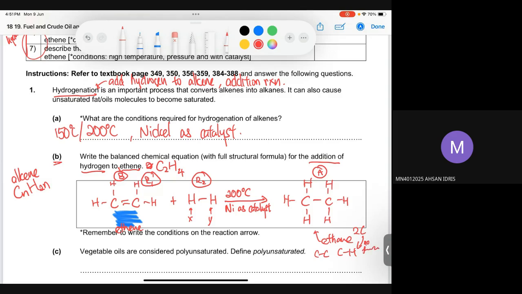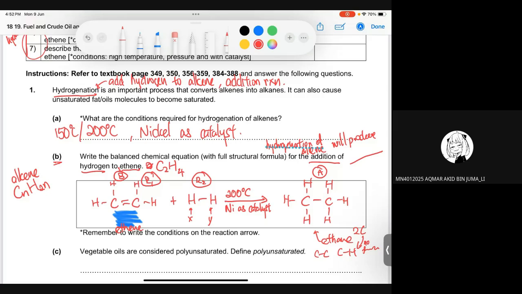So be able to relate to this. When you hydrogenate alkene, hydrogenation of alkene will produce what? Somebody help me. Akid.